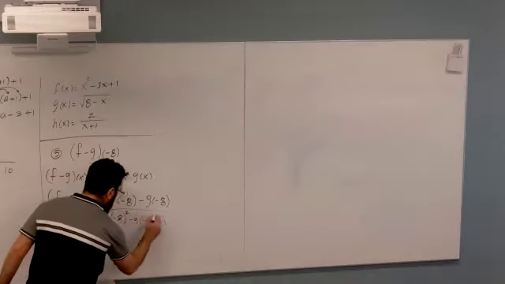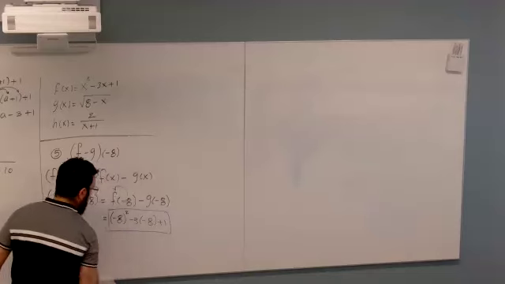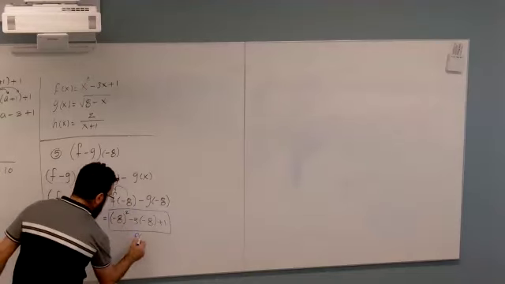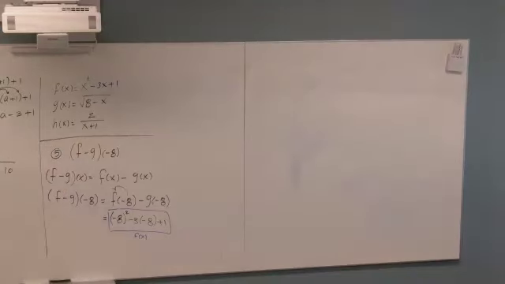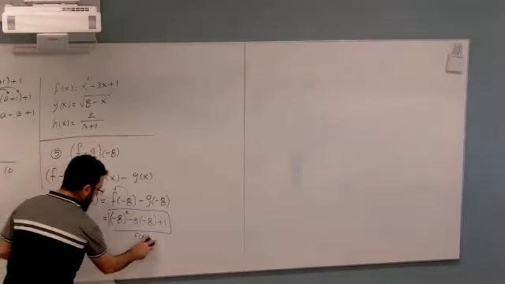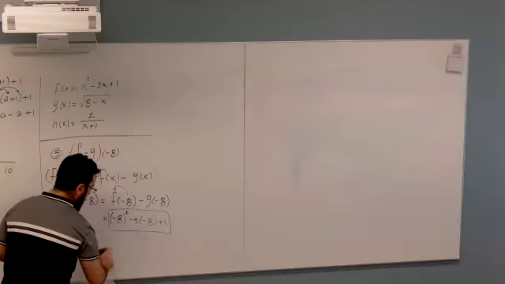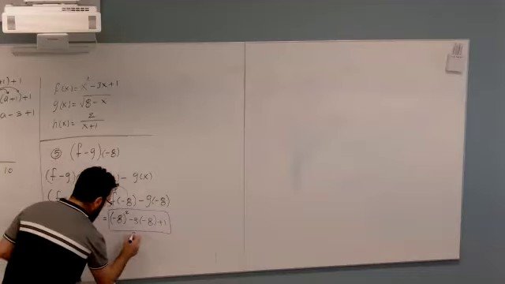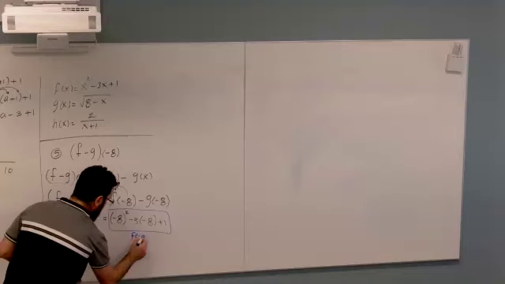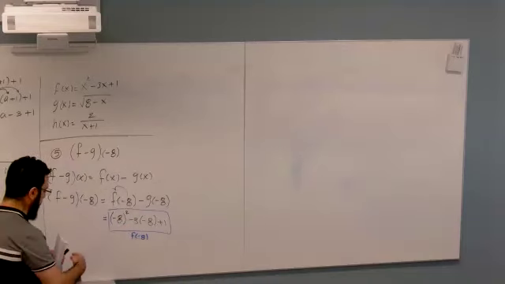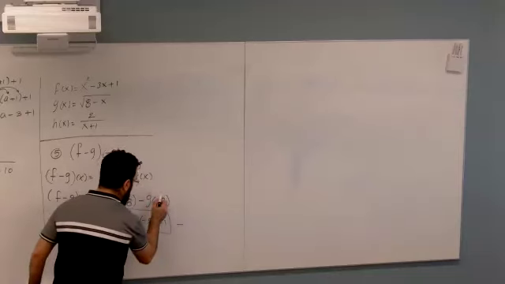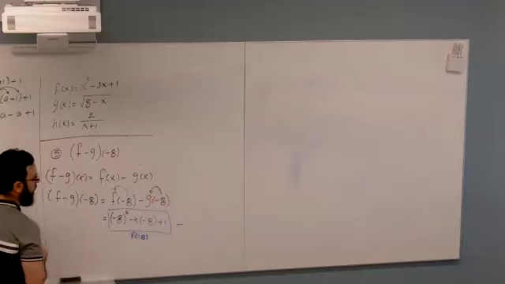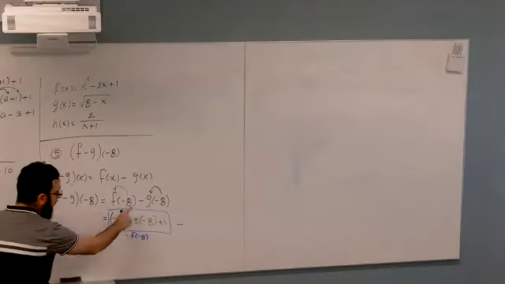This one, I'm going to plug in negative 8 in that function. Now, next step, here's the minus. I need to plug in negative 8 where? Now in g. You see the minus?